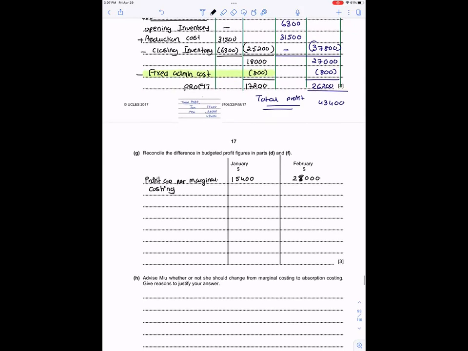What is the profit as per absorption costing? Profit as per absorption costing is more. Why is this more? Because here you valued your closing inventory.